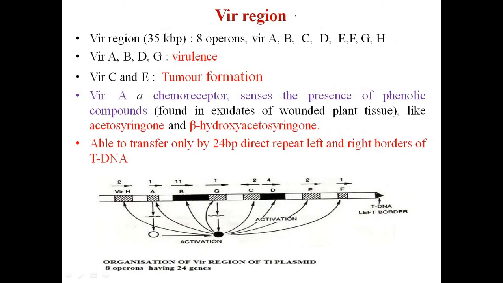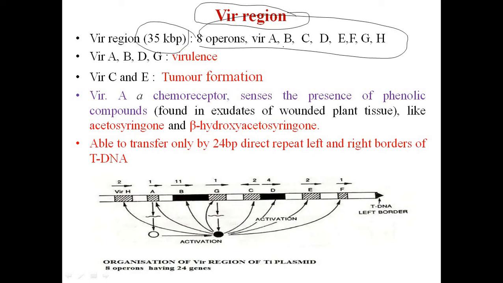Another interesting part of the Ti plasmid is the vir region, or virulence region. This is 36 kilobase pairs and composed of 8 operons: A, B, C, D, E, F, G and H, among which A, B, C, D are responsible for virulence, and C and E for tumor formation.